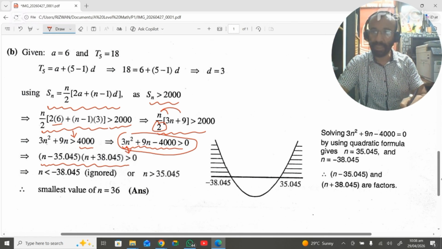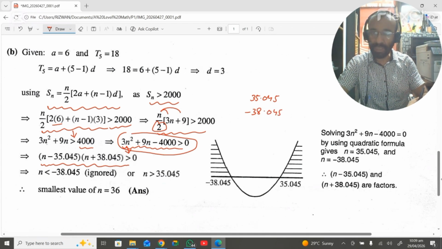From here, the answers for n will become 35.045, and from the second bracket the answer will become minus 38.045.